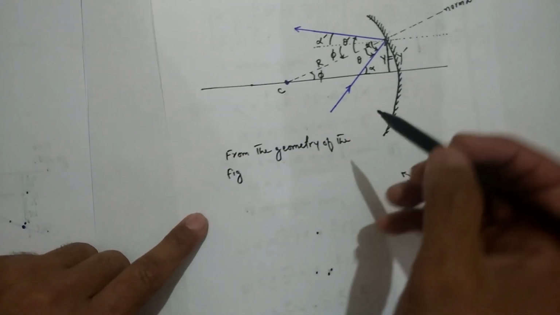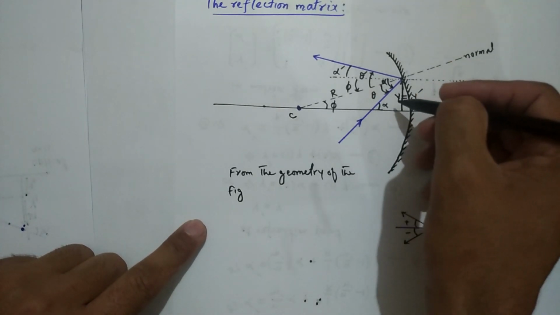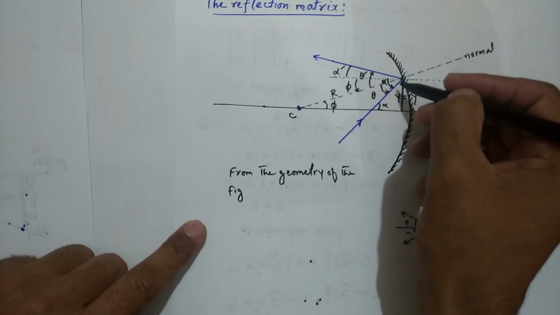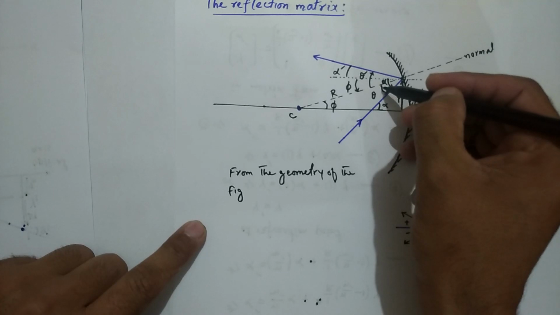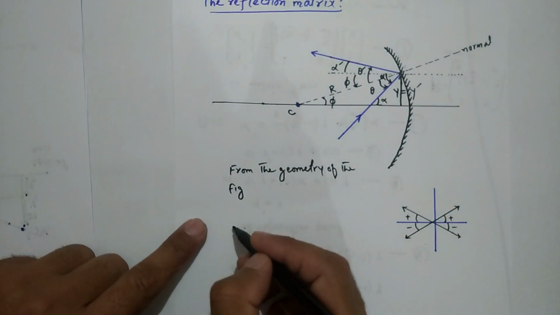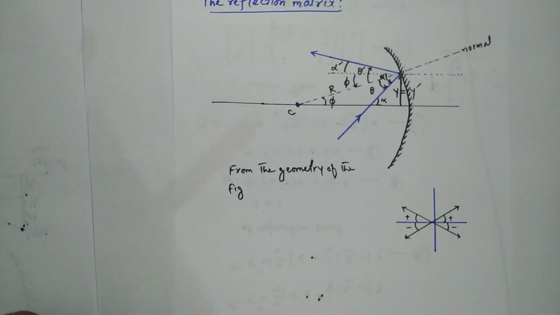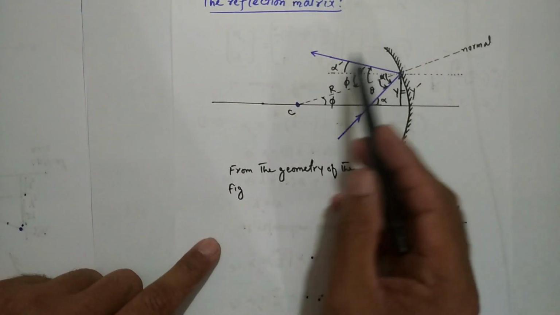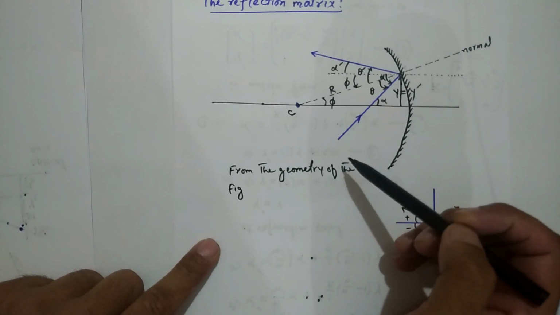So from the figure we see that the angle of the incident ray with the optical axis is alpha. So alpha is equal to theta plus phi. You can see this figure very clearly in the book on page 401.